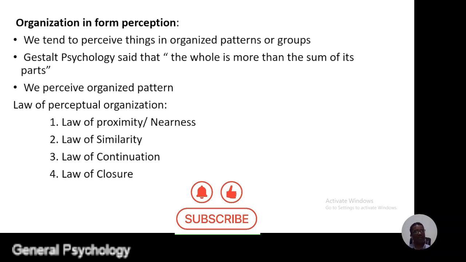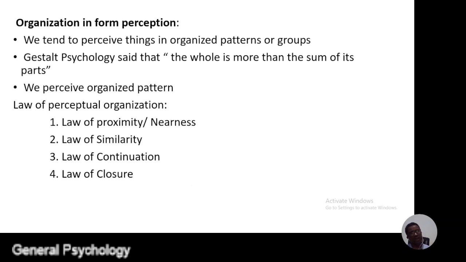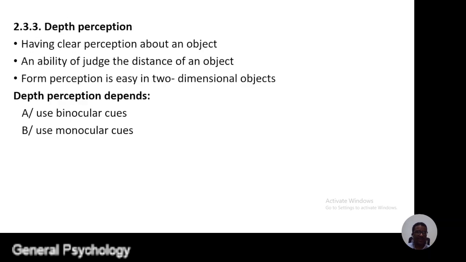The law of continuation, that means continuity. If there is continuity in learning, we can understand the concept. The law of closure: closure means the time something is completed. If the time is gradual, we can easily understand that object.